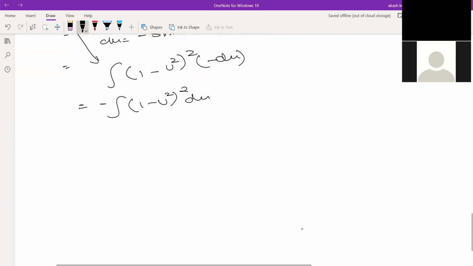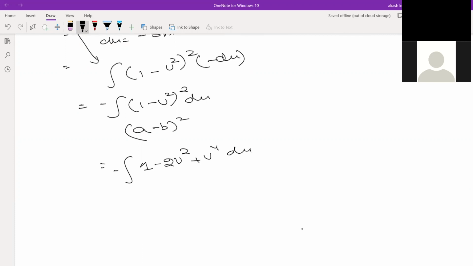Okay, and now I can easily apply the a minus b whole square formula and solve it. It will become 1 minus 2u square plus u4 du, and the integral of 1 will become u. The integral of u square will become u3 over 3. The integral of u4 will become u5 over 5. There won't be any further integral sign here.